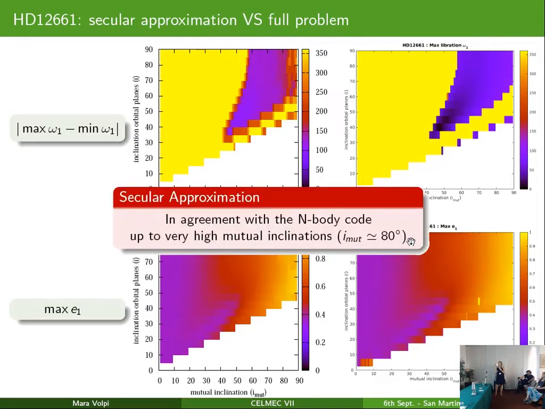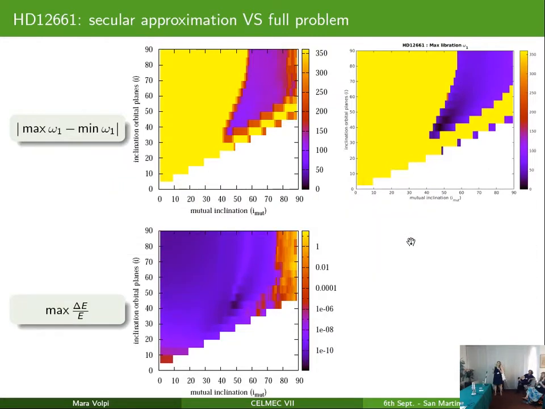So what we see is that the secular approximation is in agreement with the N-body code up to very high mutual inclinations, which is what actually surprised us. This value of 80 degrees comes from the fact that it is the point at which the preservation of the energy starts worsening, and therefore we do not consider our results to be reliable.